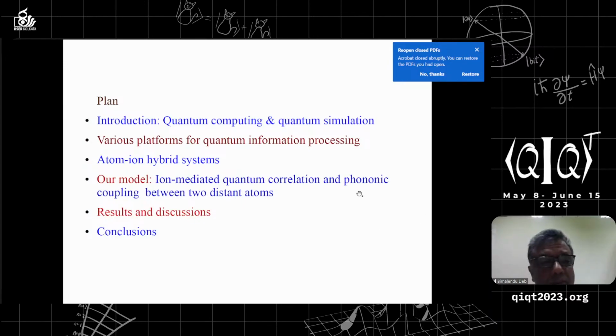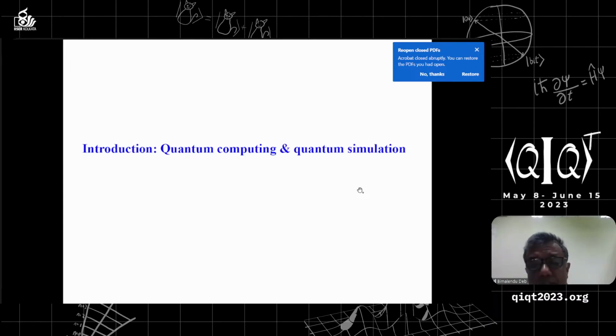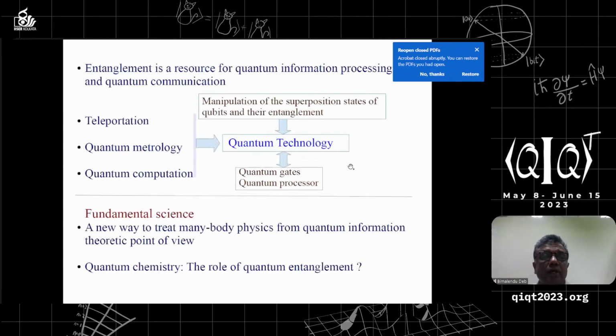Okay, so as introduction, we know that entanglement is a resource for quantum information processing and quantum communications. In this conference, many speakers have spoken about entanglement and quantum information and quantum computing as well as quantum technology. As the title suggests, it is quantum information and quantum technology.